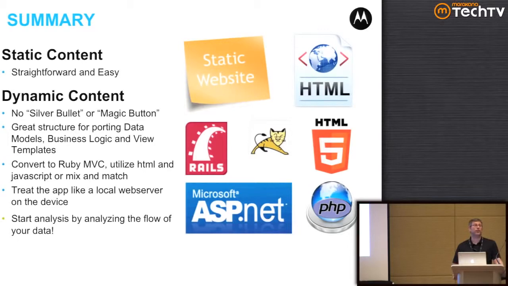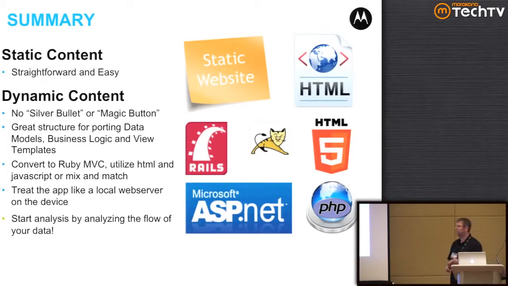Odds are that you might be using that same design paradigm, so you will already have your code broken up into its user interface, its business logic, and its data models. So all you need to do is understand what we need to support that. Typically, our requirements are fairly lean and straightforward. You can convert to our Ruby-based MVC framework. You can utilize HTML and JavaScript, or you can mix and match.